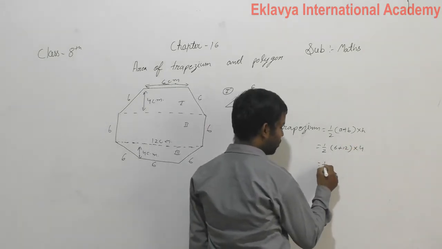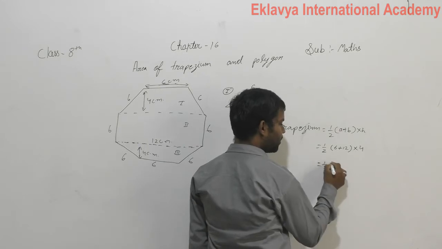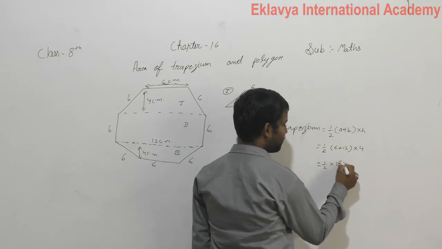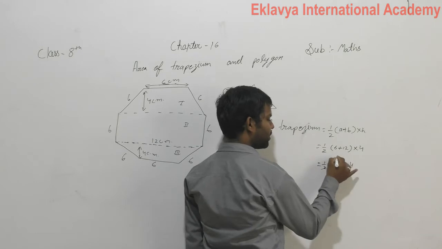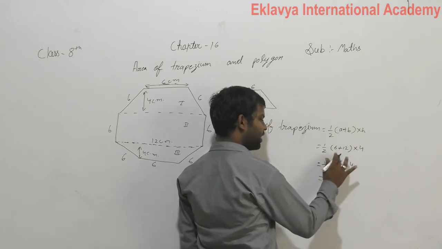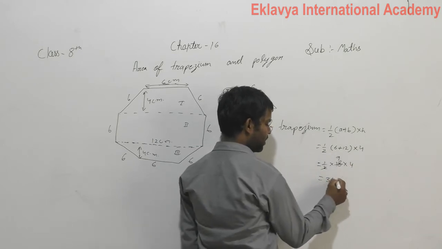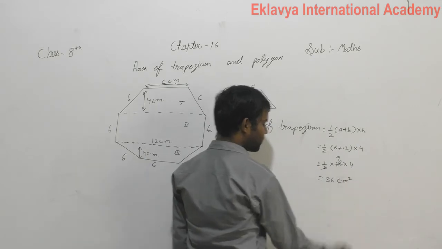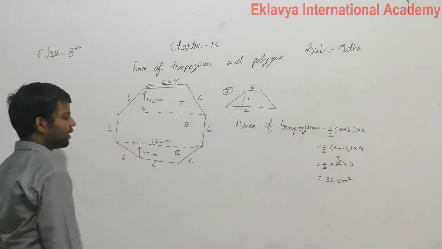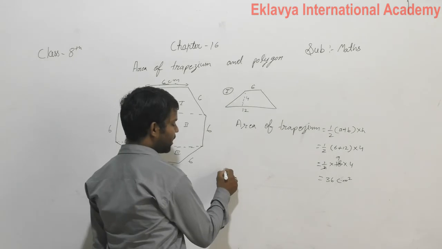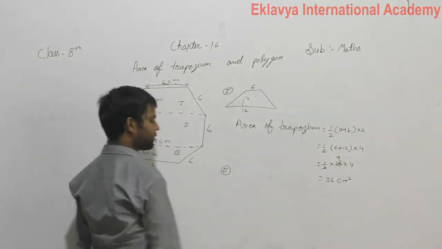Then 1 upon 2 multiplied by 18 multiplied by 4, 9 fours are 36 centimeter square.